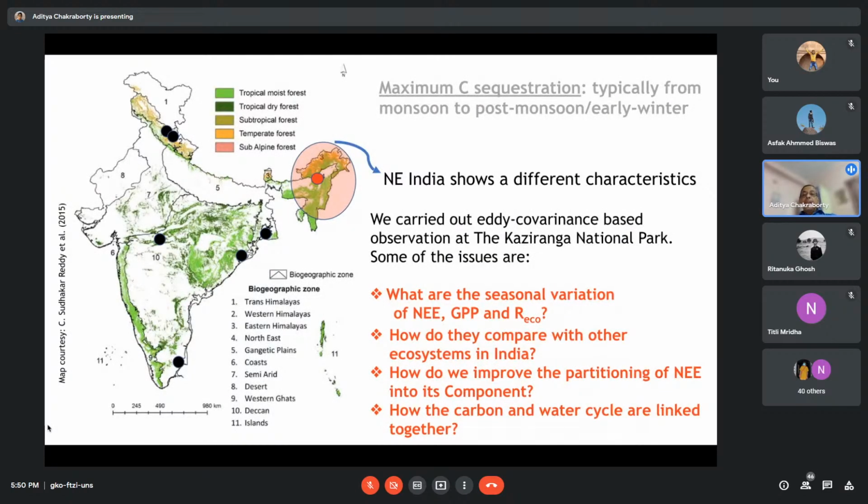And then how the carbon and water cycle link together. Since we know that the stomata, which take in carbon for the photosynthetic process, also release water by the process of transpiration. In that context, both this carbon transfer process and water transfer process are very much linked.